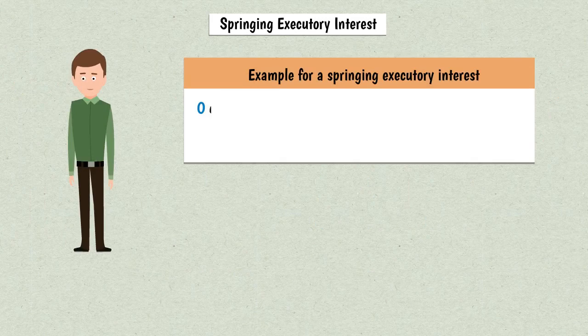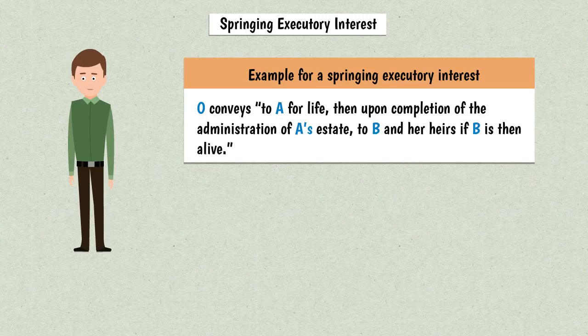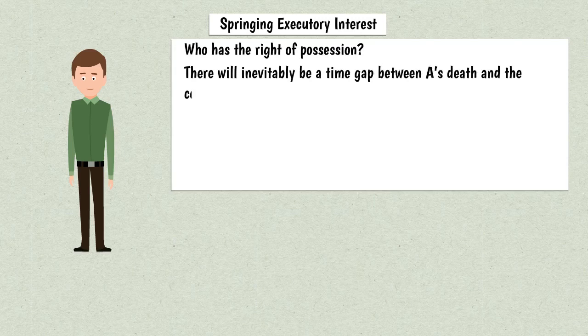O conveys, "to A for life, then upon the completion of the administration of A's estate, to B and her heirs, if B is then alive." There will inevitably be a time gap between A's death and the completion of the administration of A's estate.